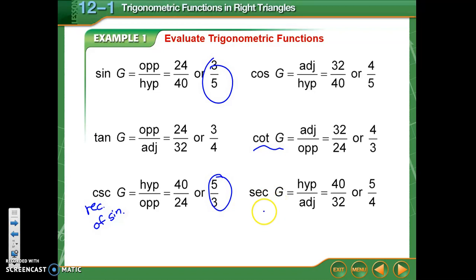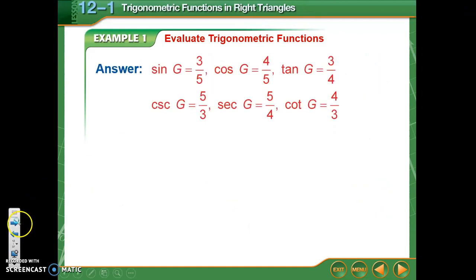And then last, secant. Secant is the reciprocal of cosine. Secant goes with cosine. So if cosine is 4/5, then secant is just 5/4. We just take the reciprocal. So here are our final answers for the 6 trig functions for angle G in that triangle.